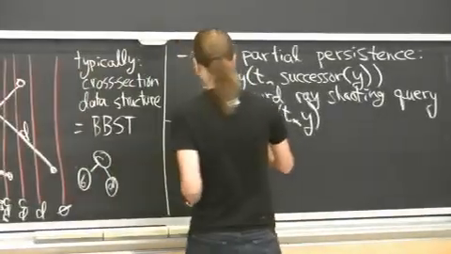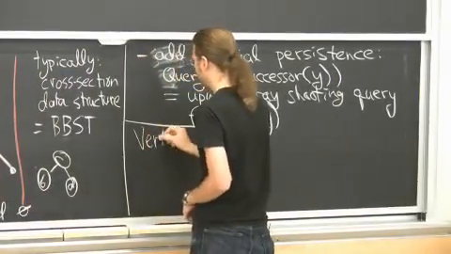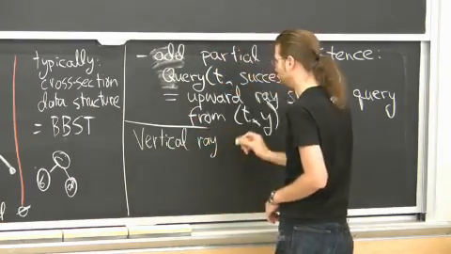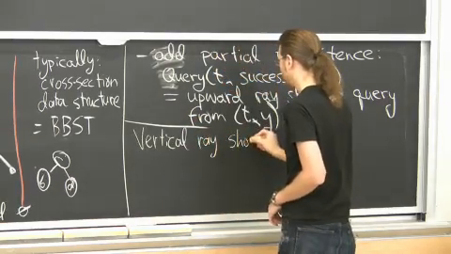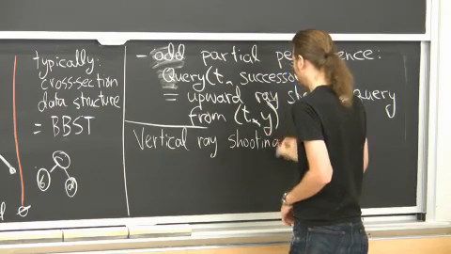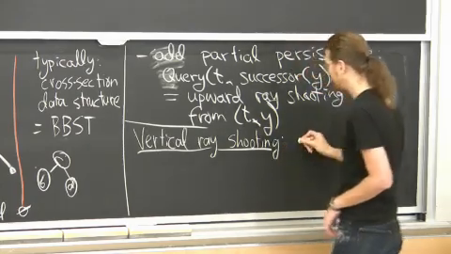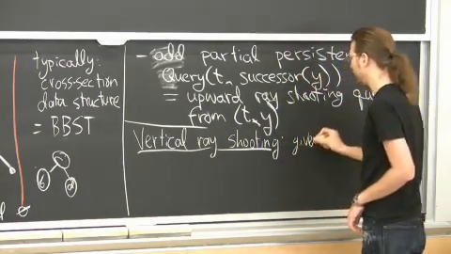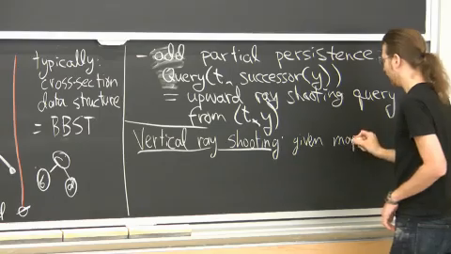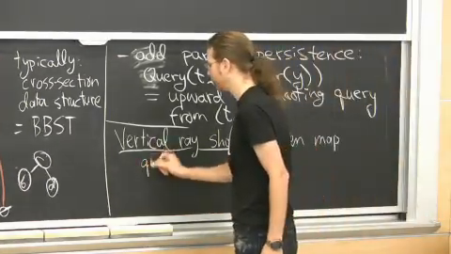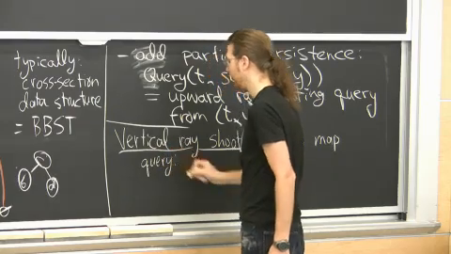And this is from a problem called vertical ray shooting, which is more or less equivalent to planar point location. So vertical ray shooting, again, you're given a map, planar map, and the queries are like this. What is the first segment that you hit with an upward ray?